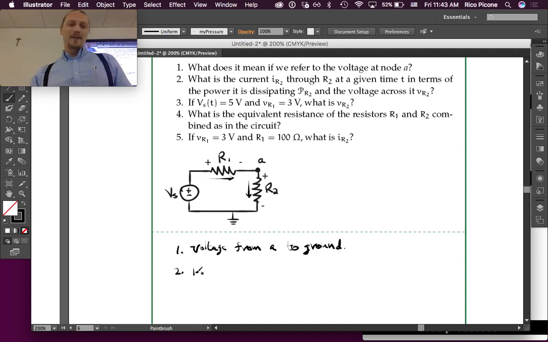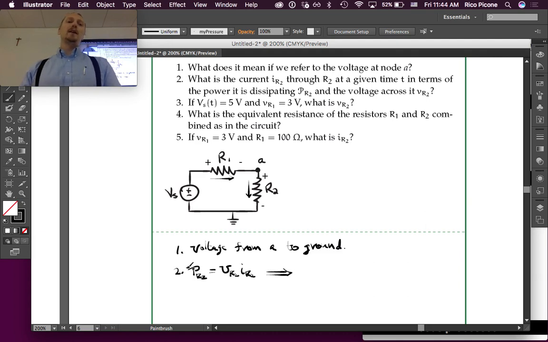So we know that the power dissipated in resistor 2 is, from our definition, the voltage across R2 multiplied by the current through R2. And these are all functions of time, and I'm just dropping the functional dependence notation of t because it's just a lot of writing.